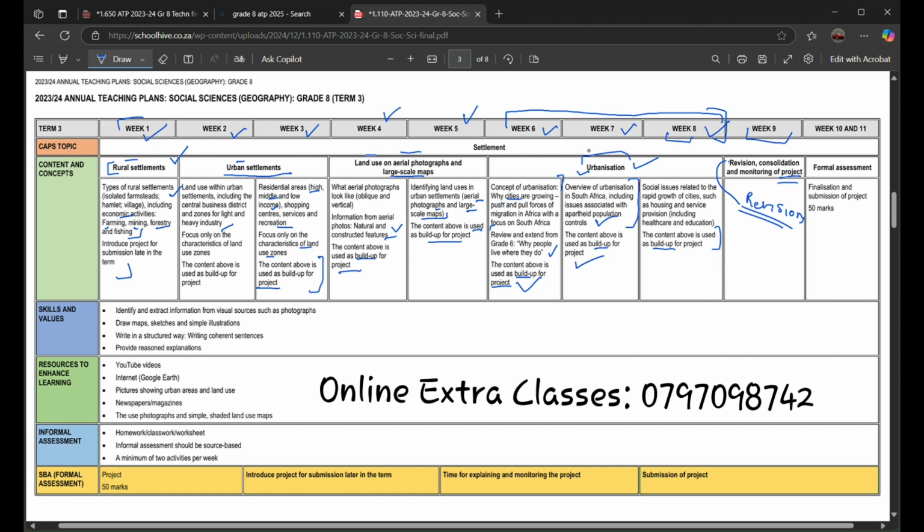So we'll be given a project that covers everything from week 1 to week 8, and then between week 10 and week 11 we will be busy with the formal assessment, which is the exam. So this will be our September exam. Okay, so that's the scope for social sciences for term 3.